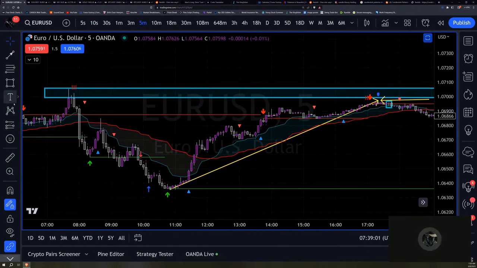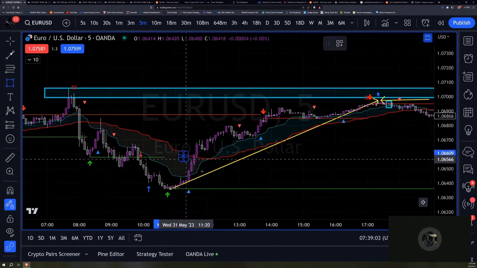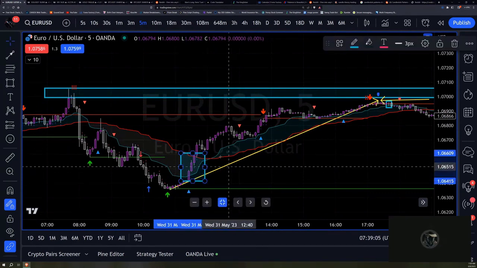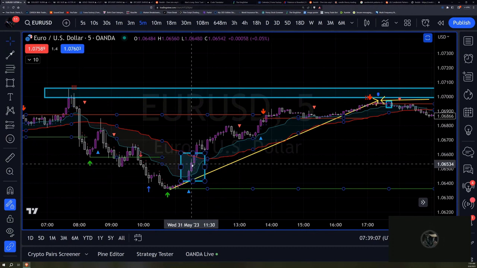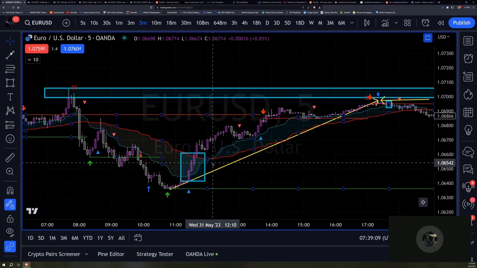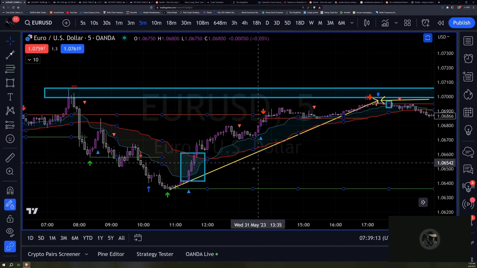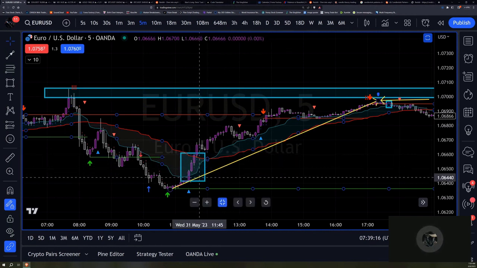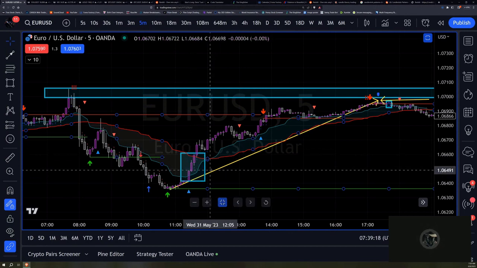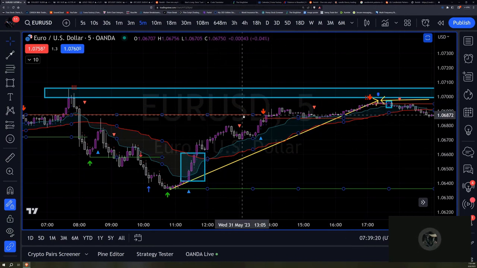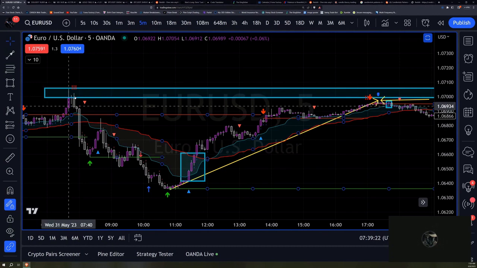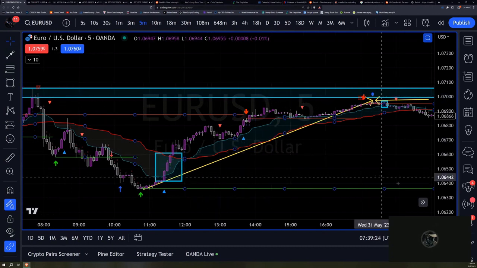You started out, you had this actual three white soldiers, really four, if that's even a thing, right there. They call it white. I mean, it's whatever your bullish candle color is. For me, it's purple. It's a little confusing there, but you have that, and then you head all the way back up into this resistance right there.